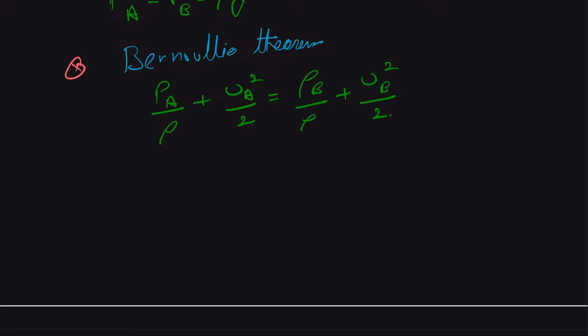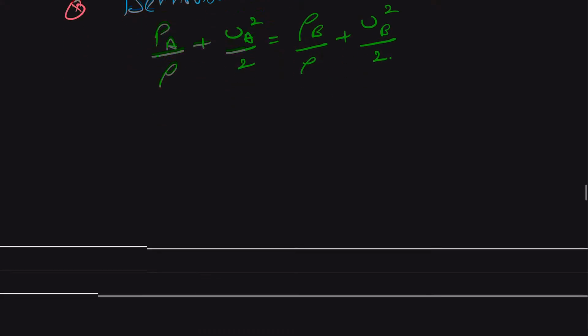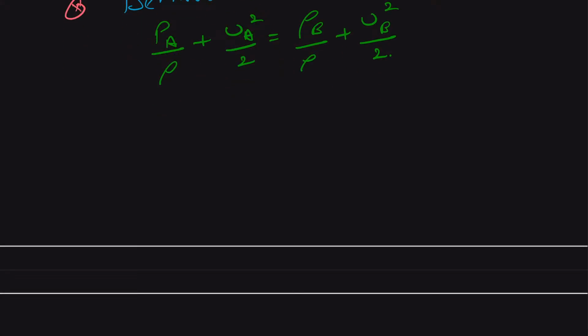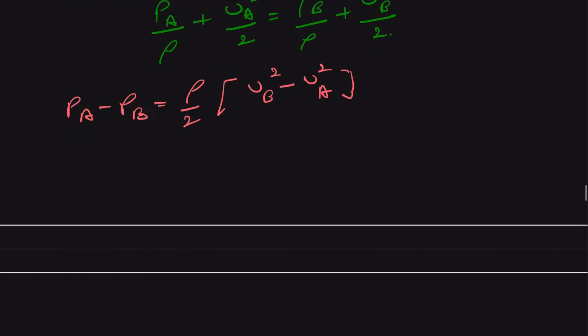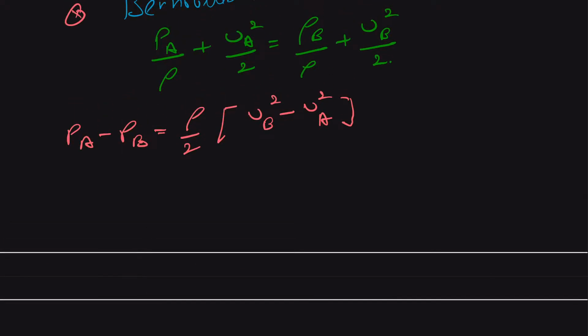The rest of the things we can just cancel out. So PA minus PB is equal to rho by 2 times VB square minus VA square, and PA minus PB we just found is 500.